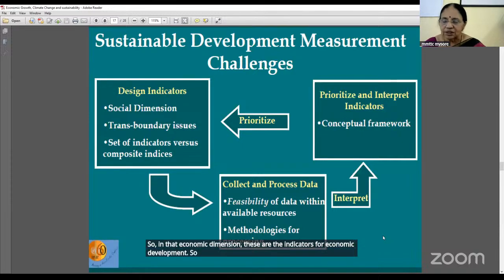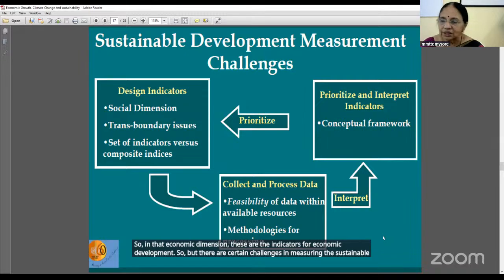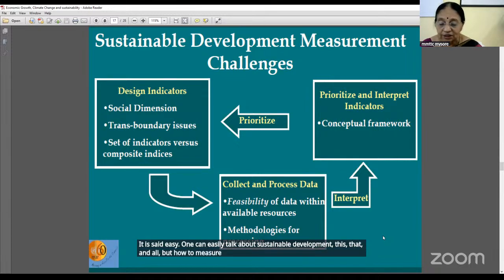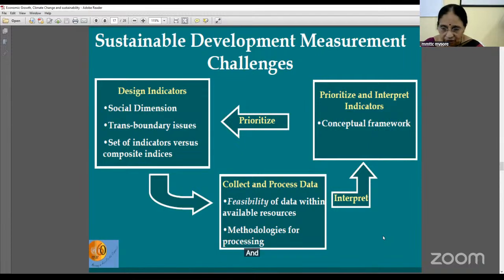But there are certain challenges in measuring sustainable development. One can easily talk about sustainable development, this, that, and all. But how to measure this is a real problem. People have come out with some kind of indicators, and there are certain challenges. That is designing the indicators and also prioritizing and interpreting.